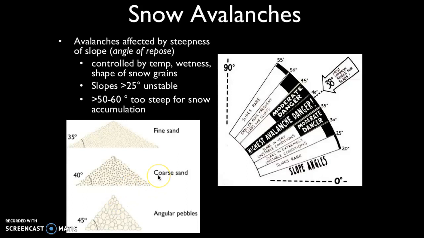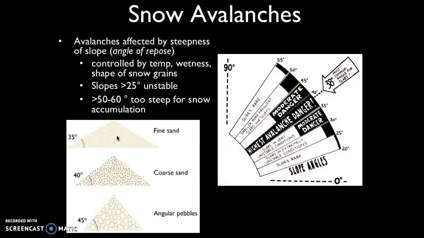You are very likely not going to get mass wasting events. However, if the angle is increased, so if say you have a material that is only fine sand and the angle reaches 55 degrees, then it's very, very highly likely that you are going to get a mass wasting event.